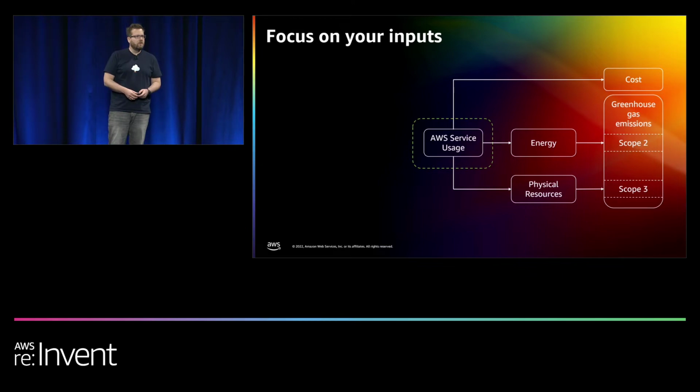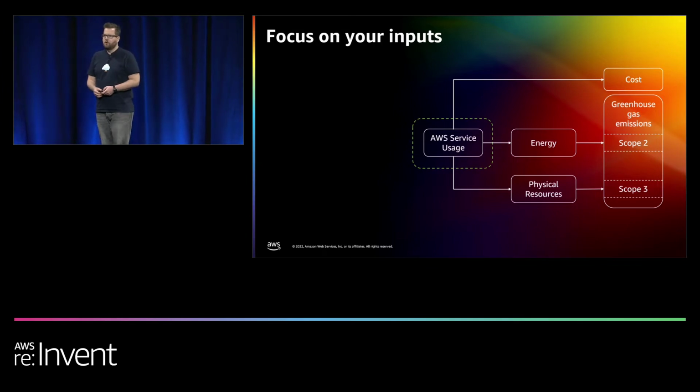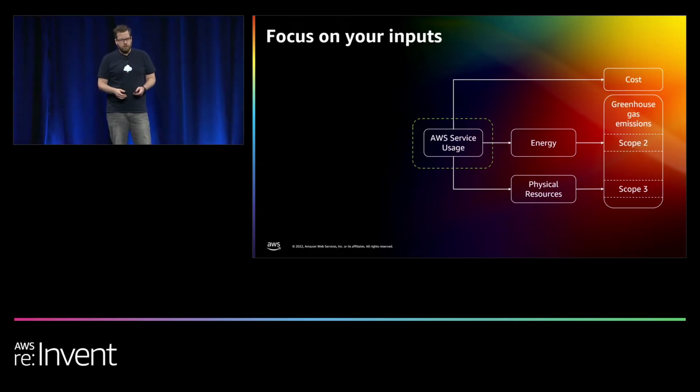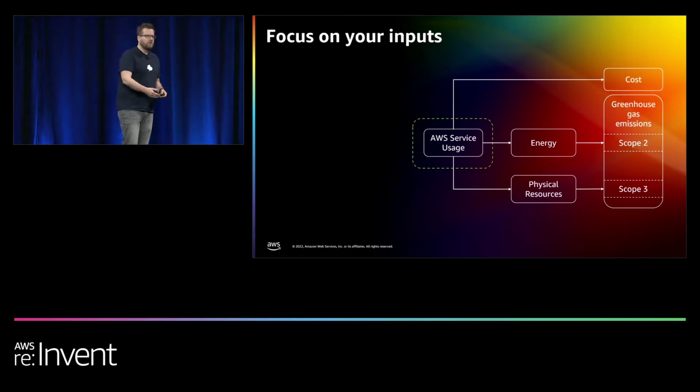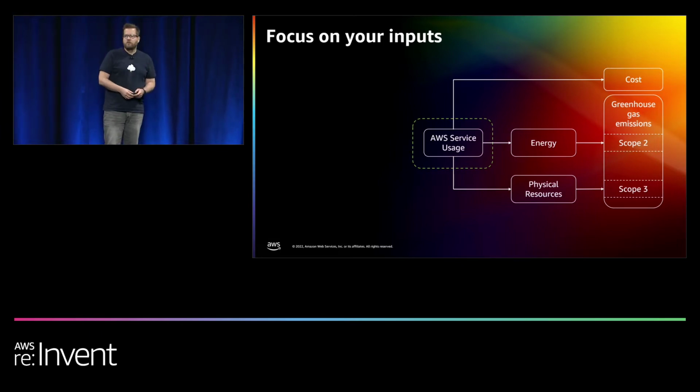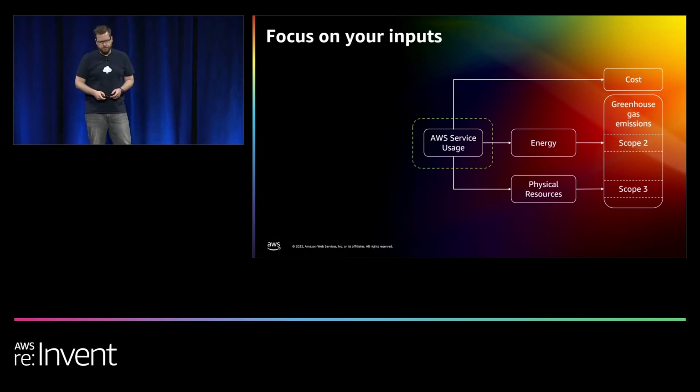It's the energy which is necessary to run these services for your workloads. That is AWS Scope 2 in the Greenhouse Gas Protocol, and the emissions which are required to create all this hardware, the server hardware infrastructure, to produce the servers, to ship it, and to eventually recycle it. And that is Scope 3 in the Greenhouse Gas Protocol.